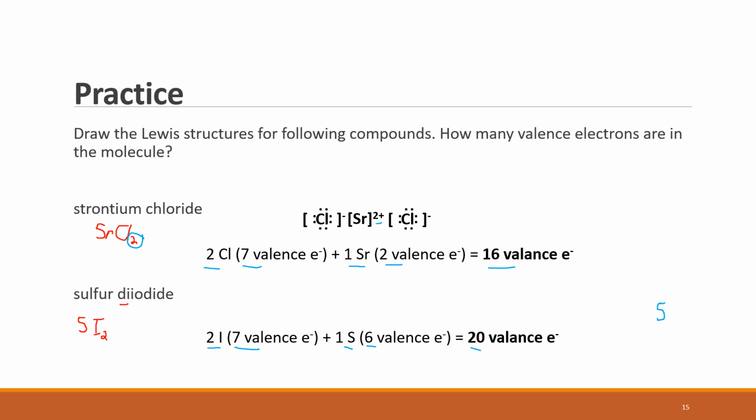So we have sulfur and 2 iodines, so that means the iodines are going to be the terminal atoms. So I'm going to draw a line indicating a single bond between sulfur and the iodine atoms.